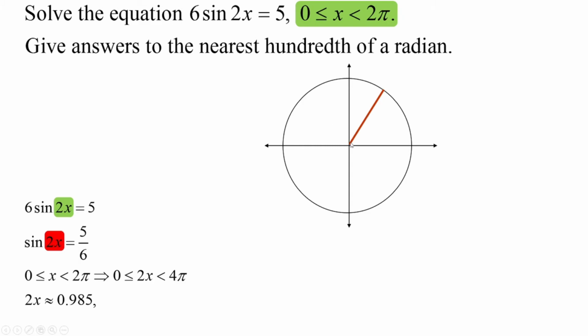Quadrant 2. So if I reflect this ray in the y-axis, I'm going to end up right there in quadrant 2. And now, how am I going to get this angle right here? Well, this would be pi, and I'd subtract from pi that 0.985. So pi minus 0.985, and that's going to get me back to that terminal ray right there.